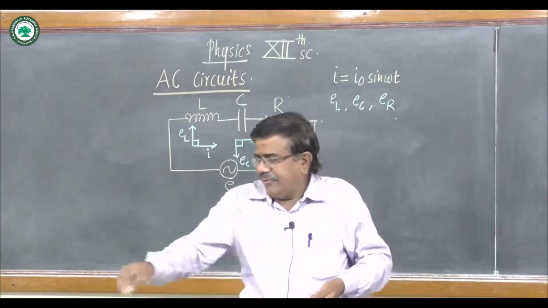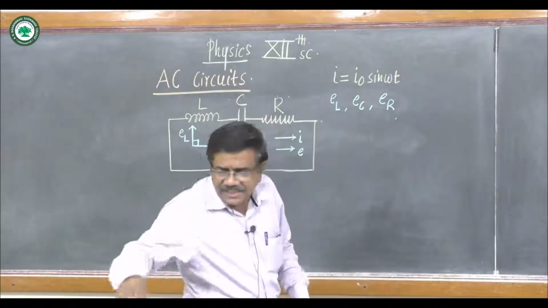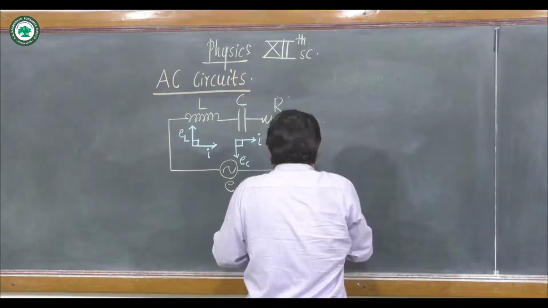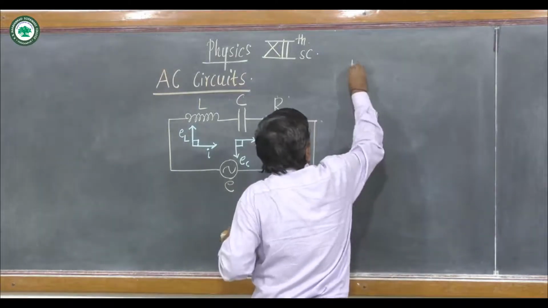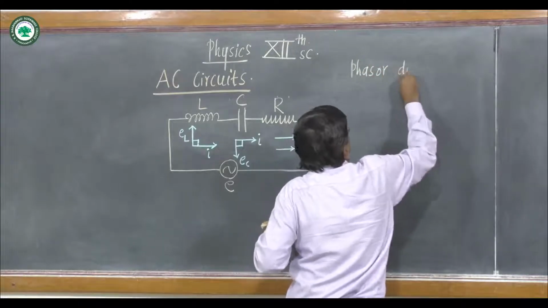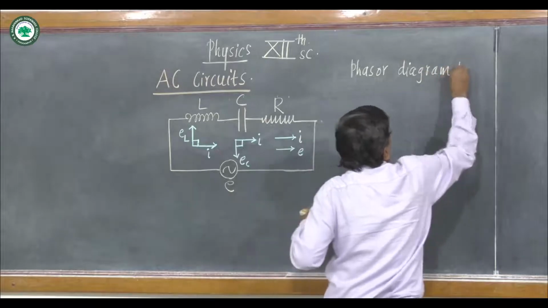So we draw firstly the phasor diagram for the LCR circuit. We know the concept of phasor diagram. Firstly we draw the phasor diagram, and we explain this phasor diagram for this LCR circuit.